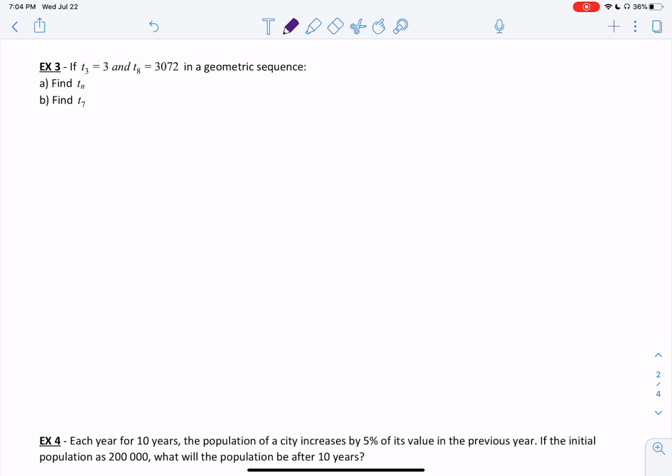So let's start by finding our nth term. So in our question, we're given 2 specific situations. The first one we're given is that 3 is our third term. So we don't know A, we don't know R, but we do know that that is our third term. So I can simplify that.